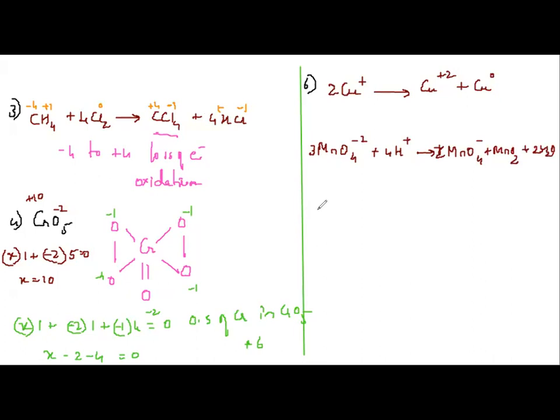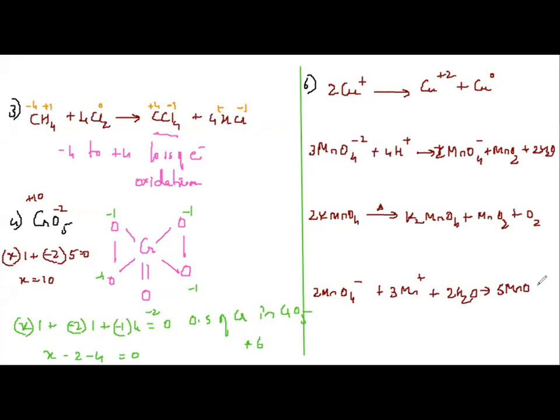Third option: 2KMnO4 on heating gives K2MnO4 plus MnO2 plus O2. And the last option: 2MnO4- plus 3Mn2+ plus 2H2O gives 5MnO2 plus 4H+.